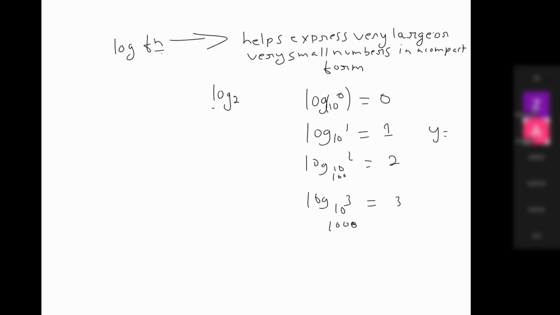Now, instead of these y values, I will make it 1, then 2, then 3. How is this magic happening? It is because of the log function. Instead of telling that the y value is 100, I say the y value is 2. That means if I multiply 10 two times, I will arrive at 100. So I write how many times I multiply the number, instead of writing the actual number.